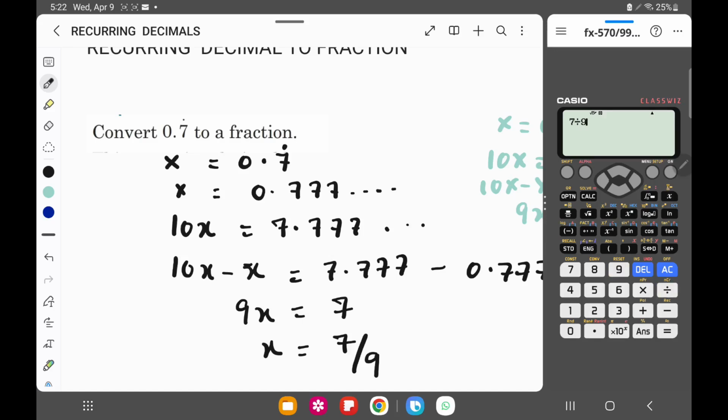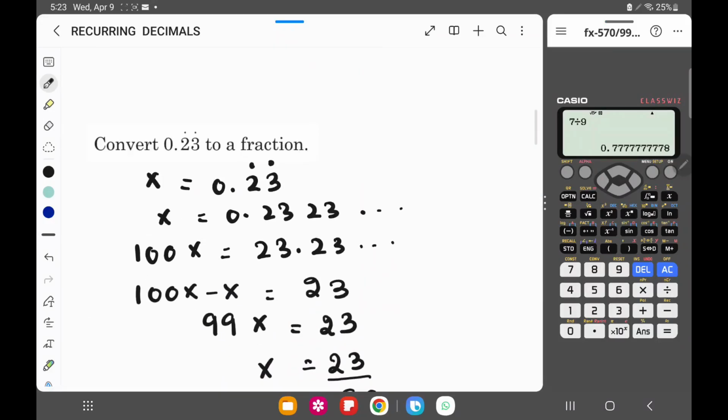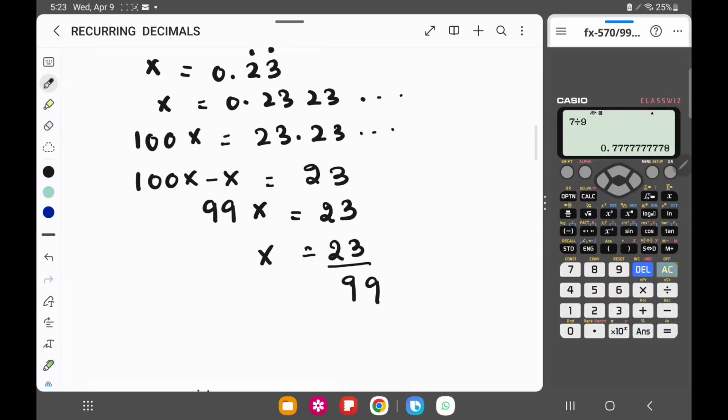If I do 7 over 9, it equals 0.777. The next question's answer came 23 over 99. Let's try 23 upon 99, and you can see it comes 0.232323. It means we are working correctly here.